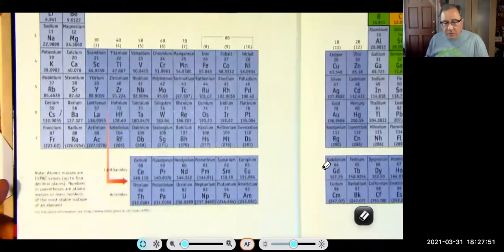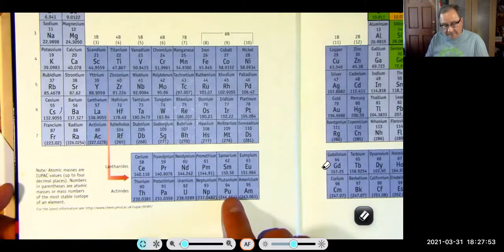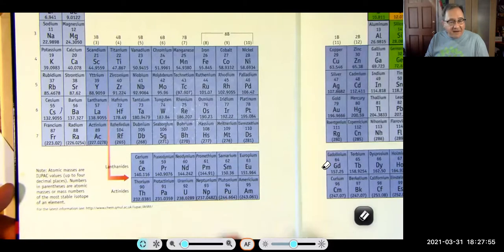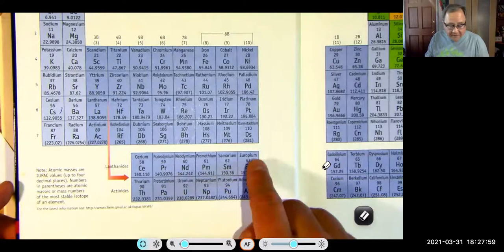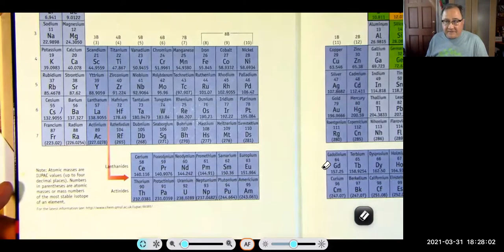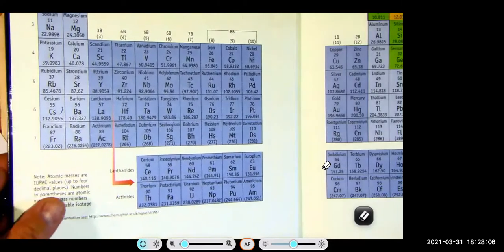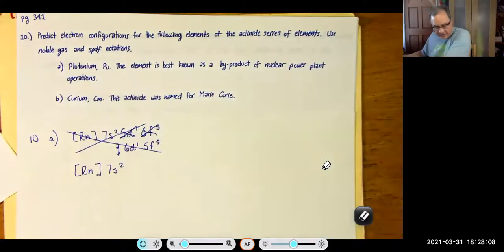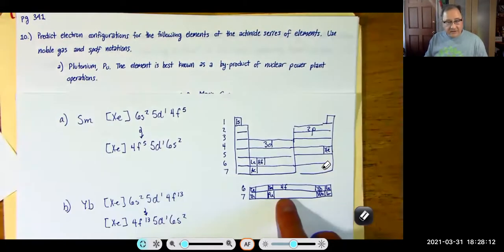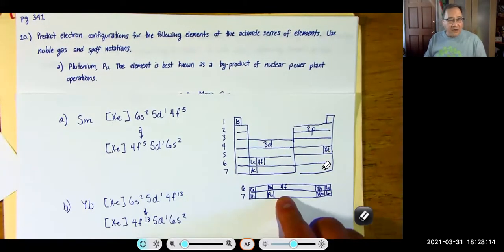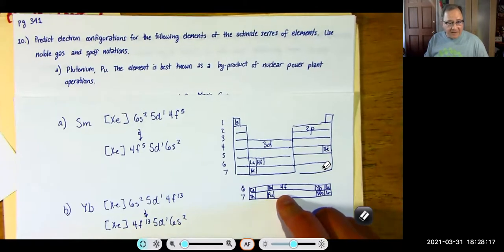So how do we know plutonium is 5f? Because it starts at the top with 4f, then becomes 5f. Because you just count down. So here, my little fake periodic table is very useful, but if we're not looking at it, then we might have problems.